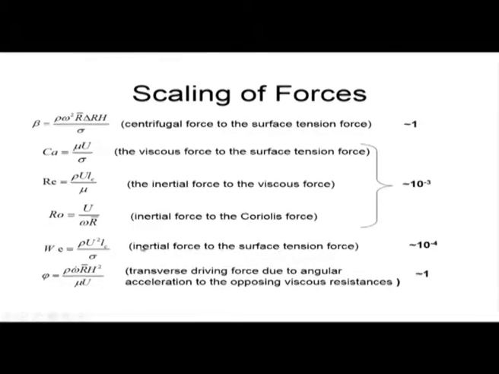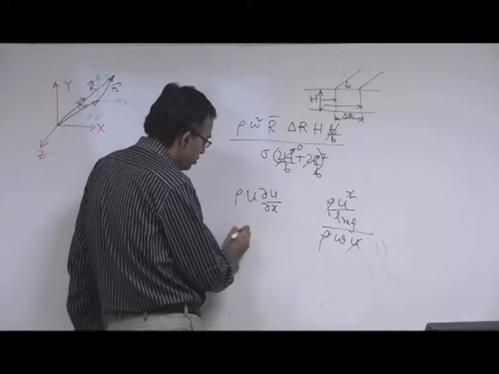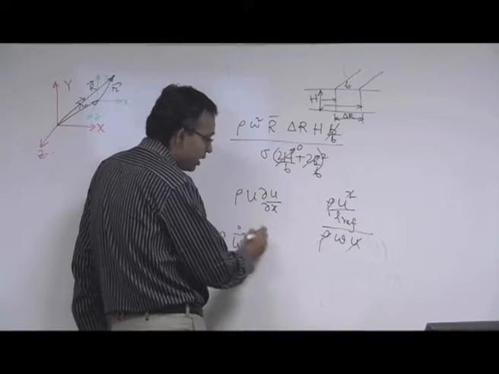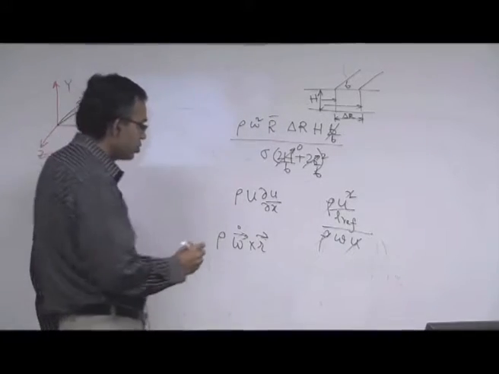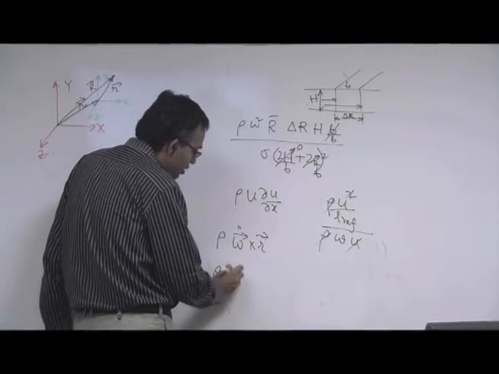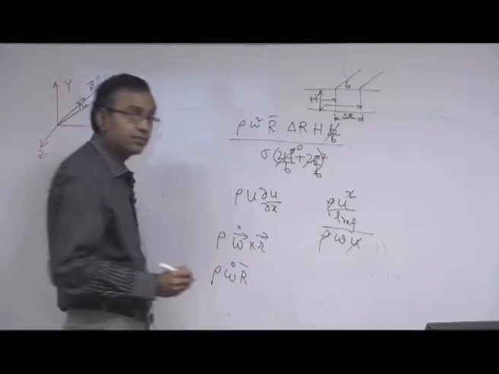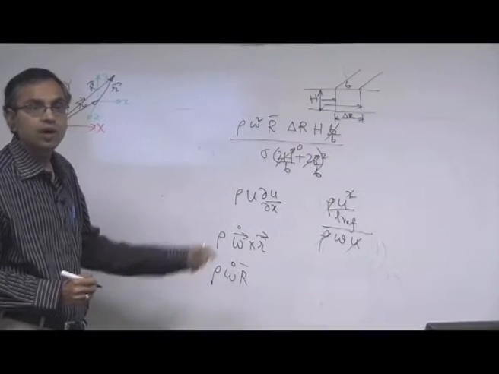Weber number, similarly inertial force to surface tension force, and this phi is a parameter, a transverse force due to angular acceleration as opposed to the viscous force. So how do you calculate it? What is the force due to angular acceleration? Rho omega dot cross r. So its order of magnitude is rho omega dot r average per unit volume.